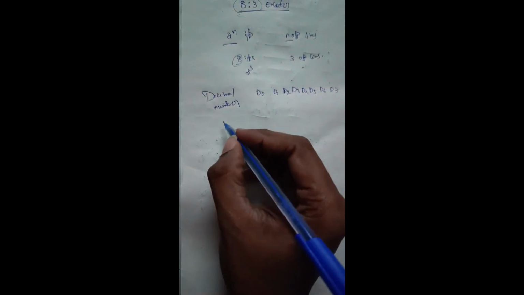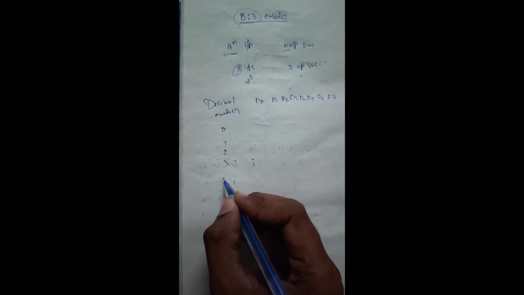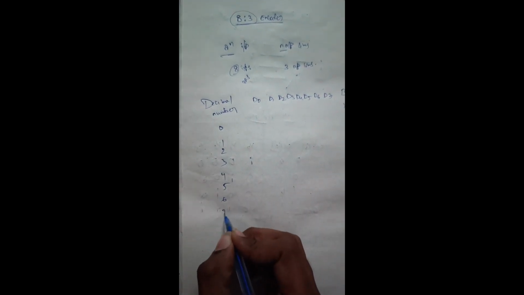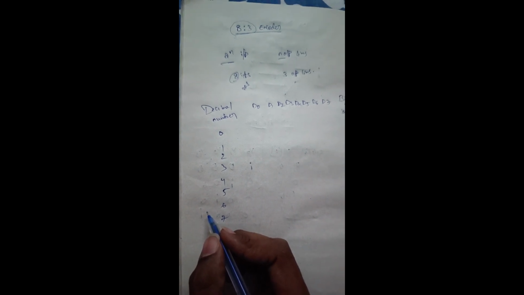What are the possible numbers? We have 0, 1, 2, 3, 4, 5, 6 and 7. These are the 8 numbers we have. Now in this video we will make these 8 numbers coded into binary numbers.